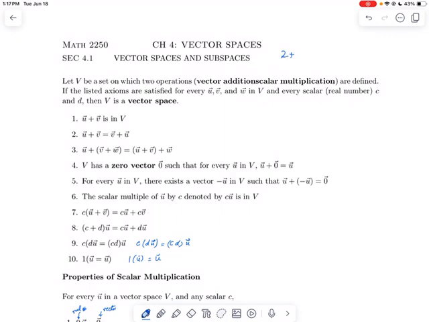For example, you can have an addition like 2 plus 3 is equal to 7, okay? And 2 times 3 is equal to, let's say, 9 or something like that. So it's weird, but that is how it goes. So we have to check that a set is behaving like this.